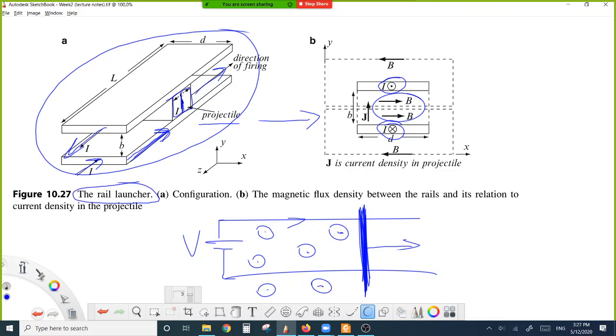Here in a rail launcher, also called a rail gun, the same effect is used, and the same effect gives some acceleration to our projectile.